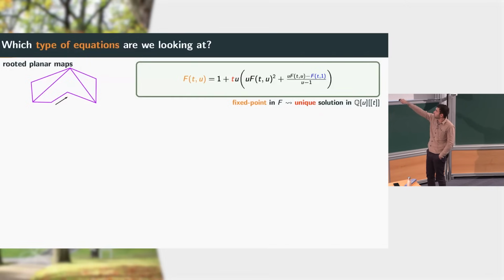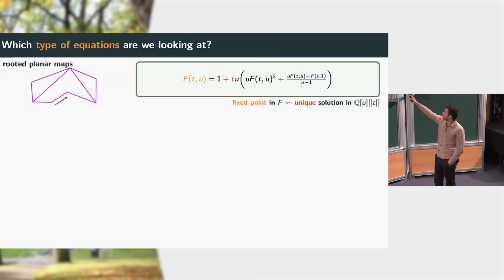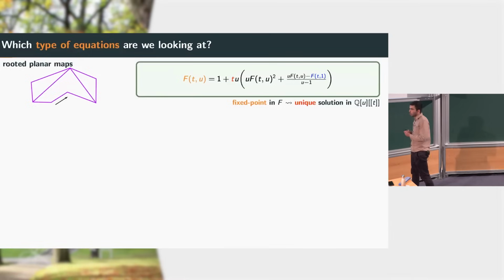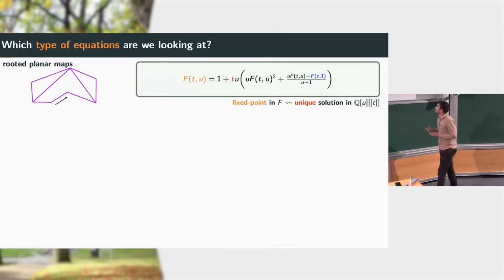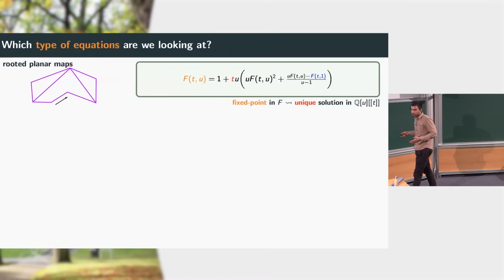So first of all, observe that it writes as f is equal to a polynomial, so here a constant, 1 plus t times a big algebraic expression. And this algebraic expression, well, you can see, so the square here, it's no surprise really, but the quotient can be mysterious.